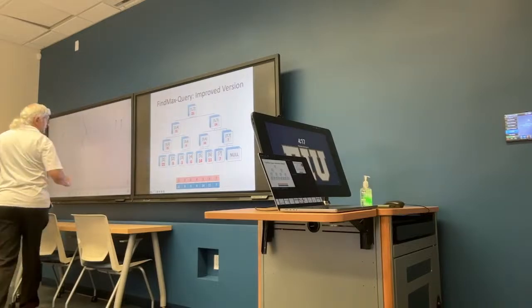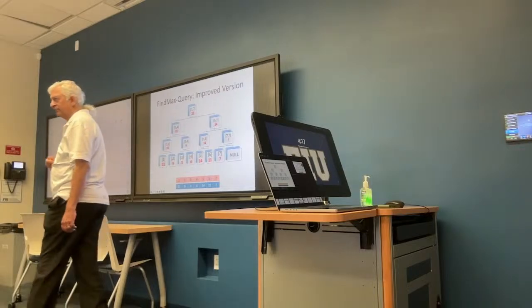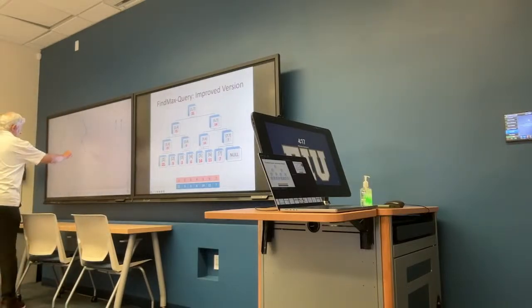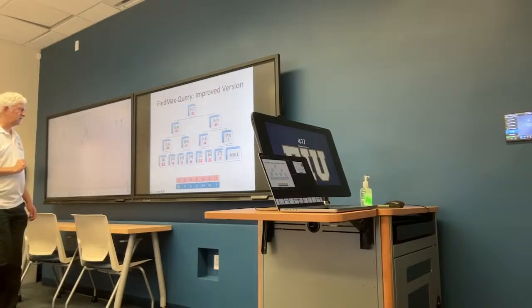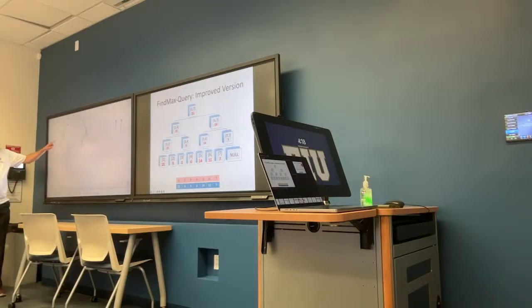And this red guy will give me 14. So this one will give me 14 because it's in my range. And then when I go down here, it's going to give me 11, but that's not relevant also. So I'm going to find the largest of 9, 6, 14, and 11 and report that it's 14.